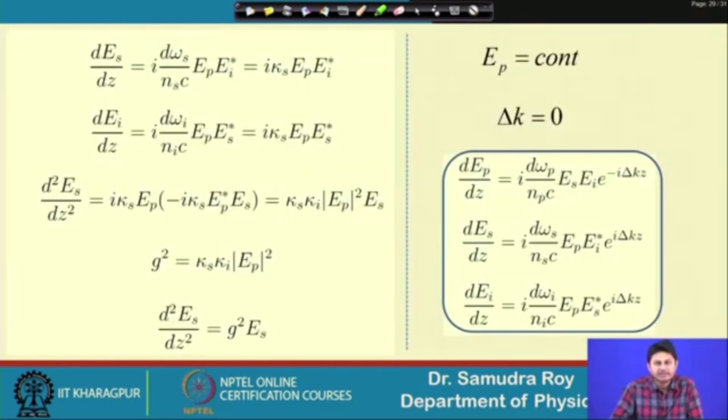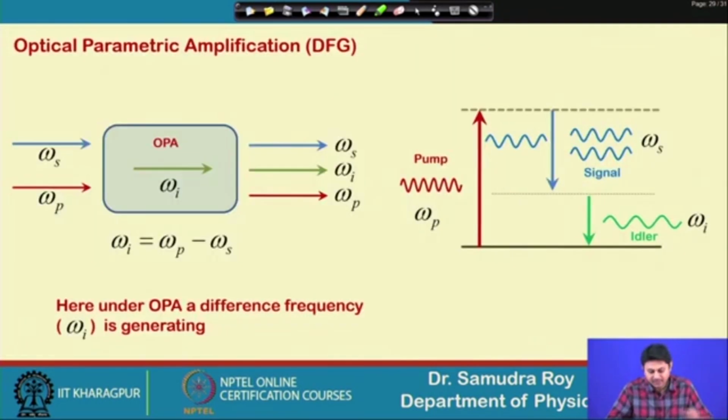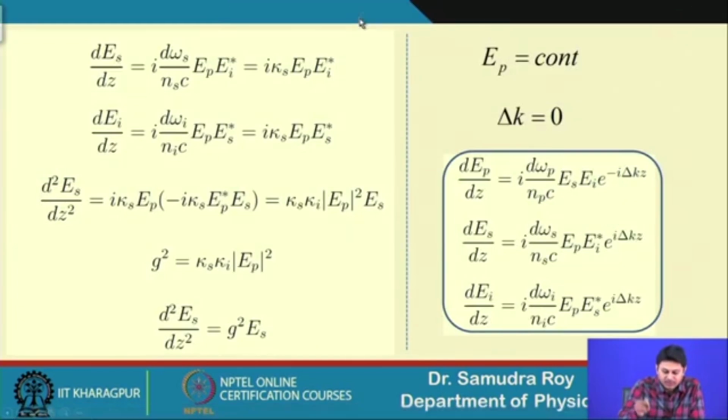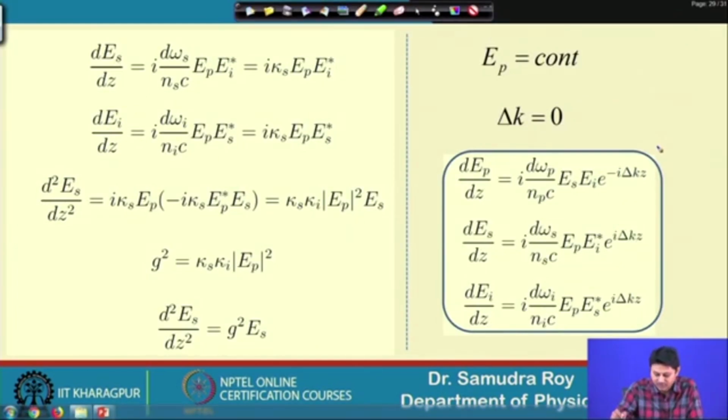In the next slide we will do all the mathematics and try to find out whether these two will amplify or not. Our aim here is to find out, from the previous slide, whether omega s and omega I generated from omega p will amplify or not, and we will study that mathematically. So, we will start with our old three equations.